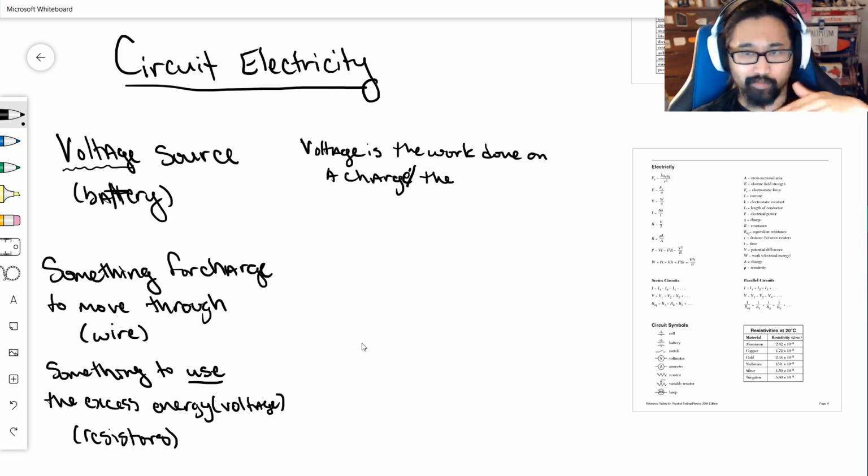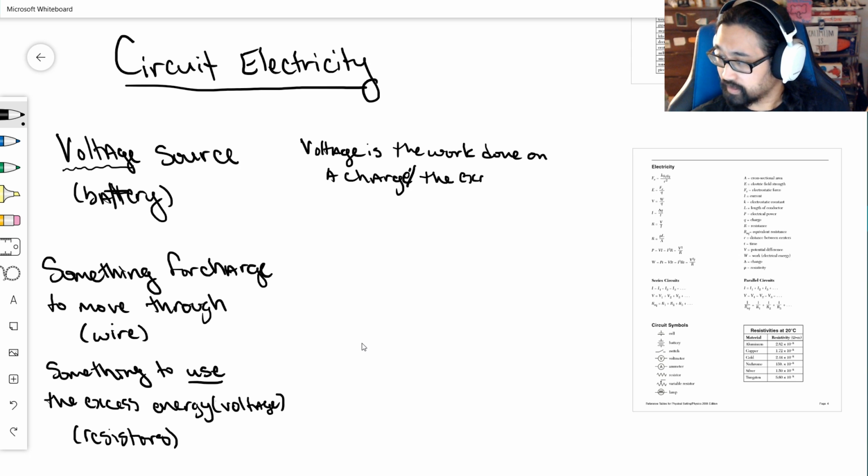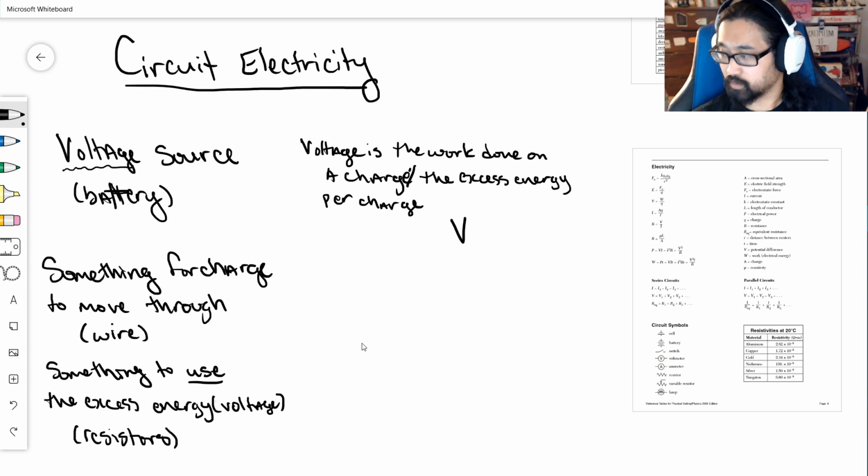Charges have a certain amount of energy to start with, and what the voltage source, the battery, does is give it excess energy. So the excess energy per charge, right?